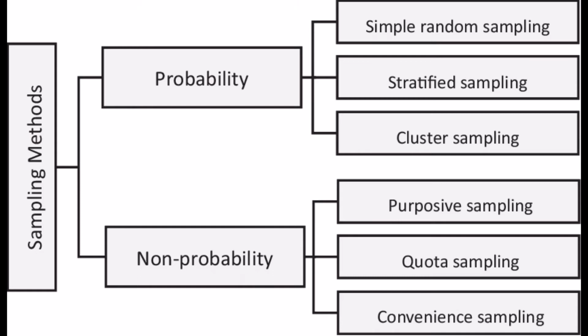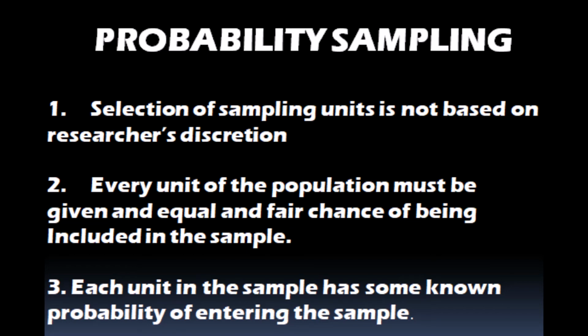In clearer terms, when you talk about probability sampling, you will discover that the procedure of selecting a sample from the population, or taking sampling units from the population, is not based on the discretion of the researcher.